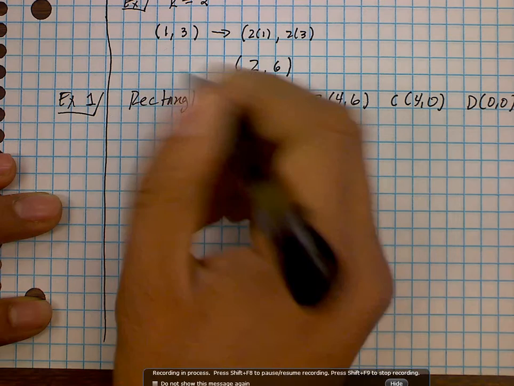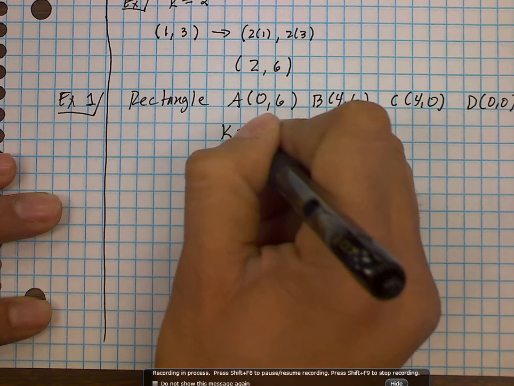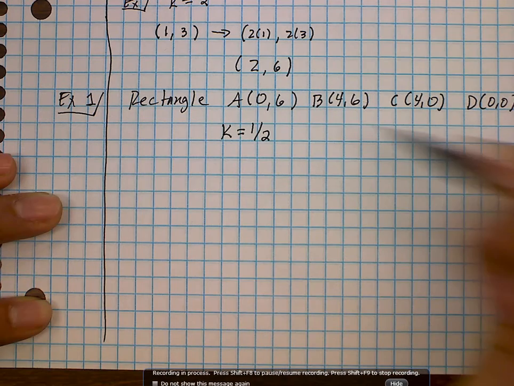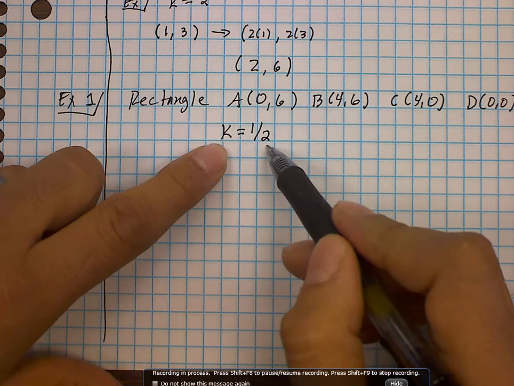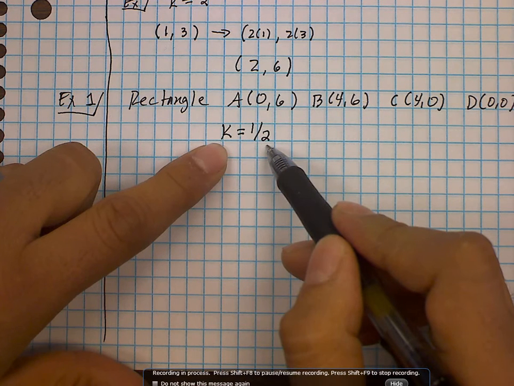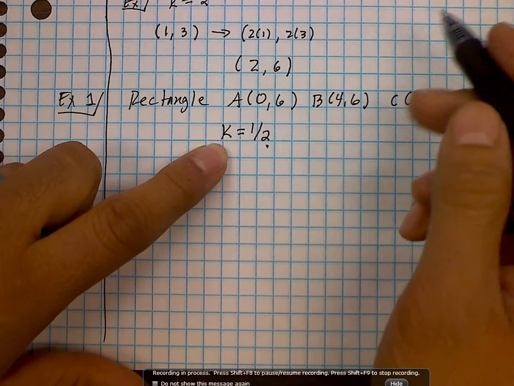The scale factor is equal to 1/2. At this point, you have to think: K is 1/2, so that means it's less than 1. Therefore, we are going to have a reduction. The picture is going to be smaller.